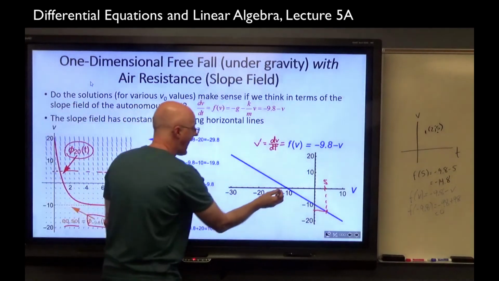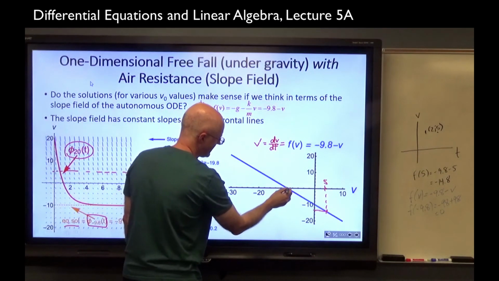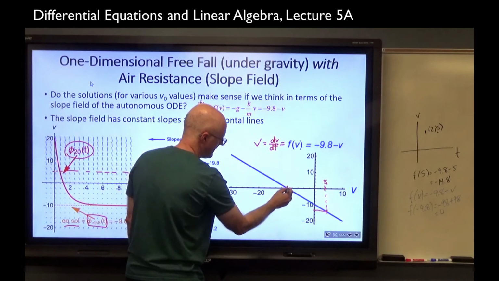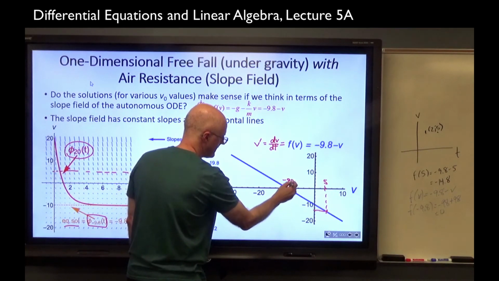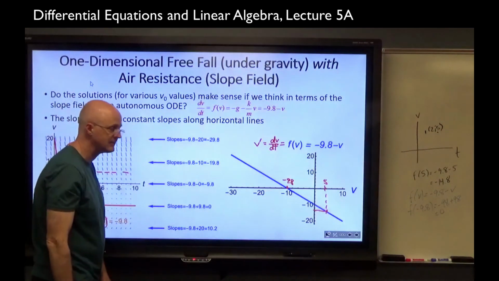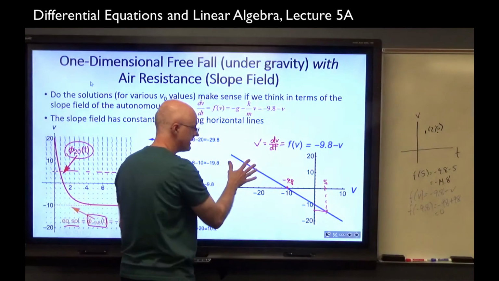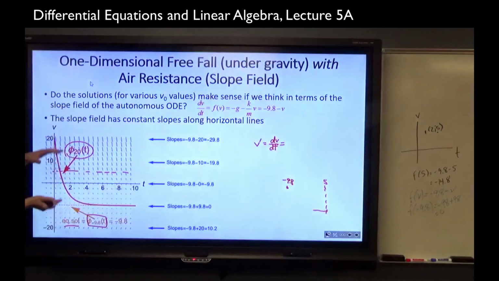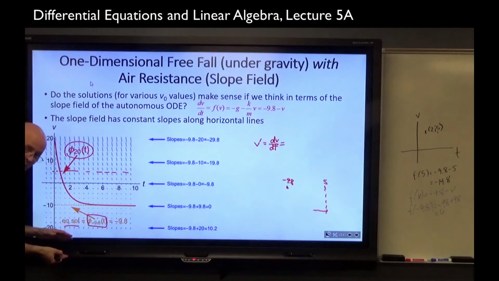Notice it's 0 at negative 9.8. Now that looks like it's at negative 10, but it's actually negative 9.8. That's where it crosses the horizontal axis in this graph. It's negative over here and positive over here. Slopes of solutions are negative when v is above negative 9.8 and positive when v is below negative 9.8. Say that again.